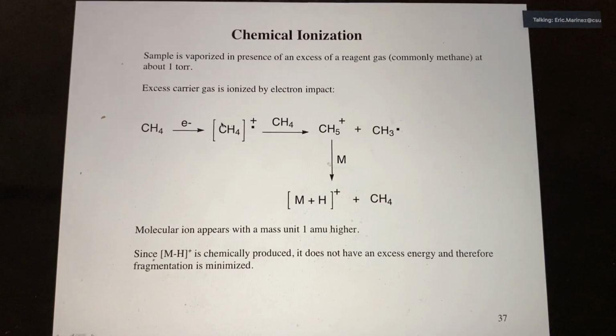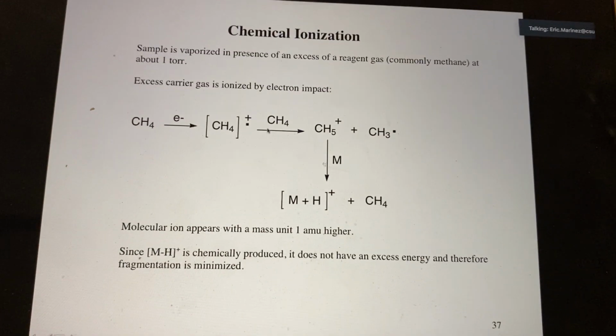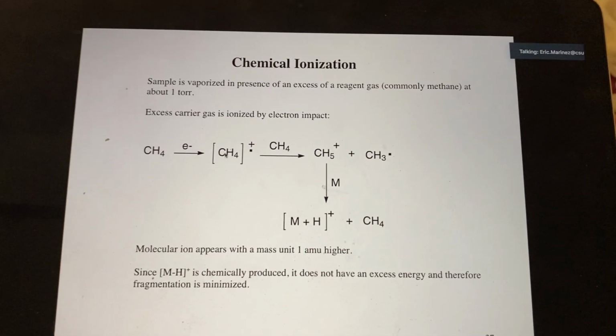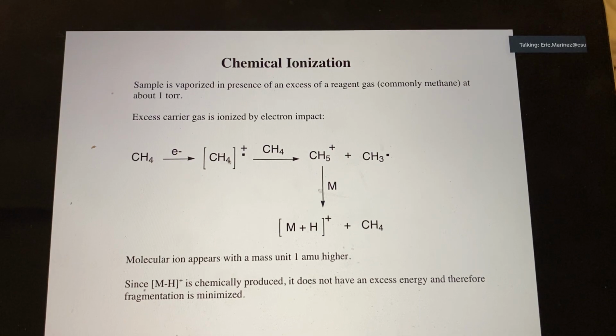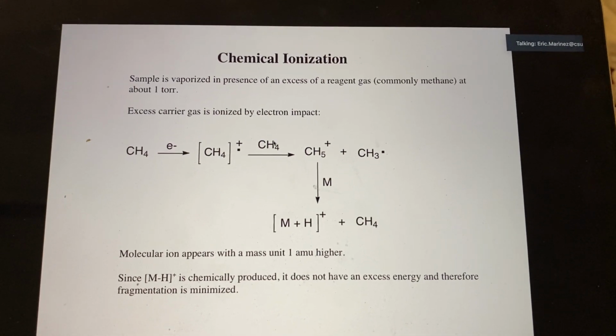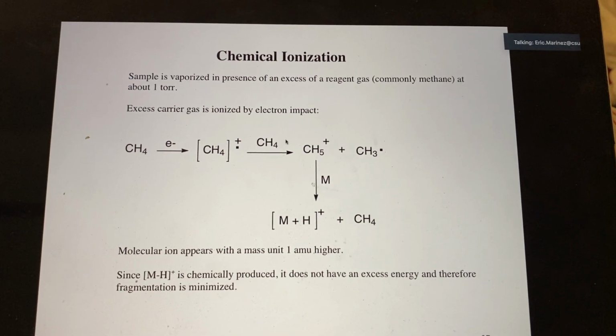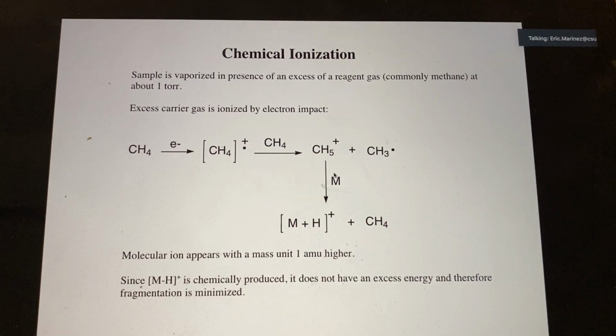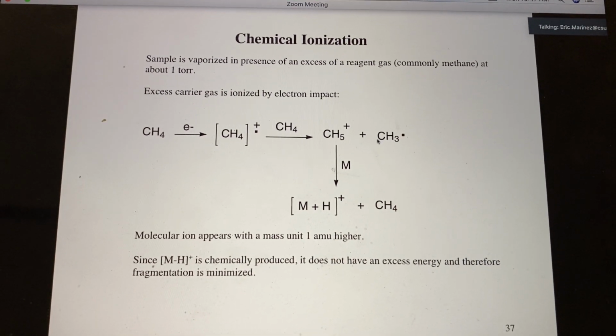Now because I'm not using as strong of a vacuum, I want this species to react with another molecule of methane. When it does that, it generates a species called CH5 plus and the methyl radical, CH3 dot.